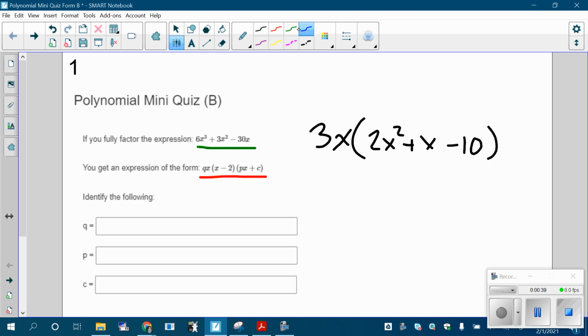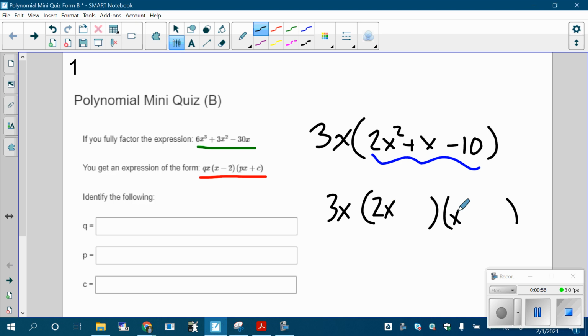Once you've taken out that greatest common factor, you should be looking at that inside part and trying to factor it. I'm going to use the guess and check technique. In other words, I'm going to think about my two factors. One of my factors has to have first term 2x, the other one has to have first term x in order to give me that 2x squared.